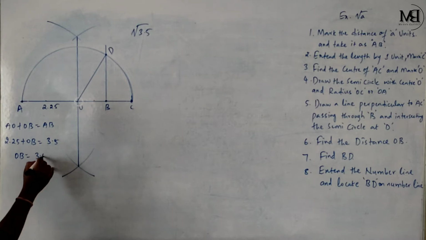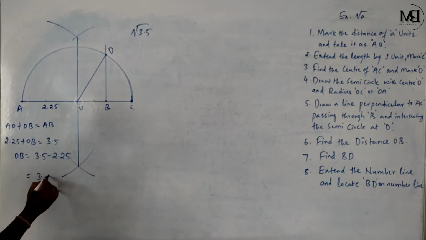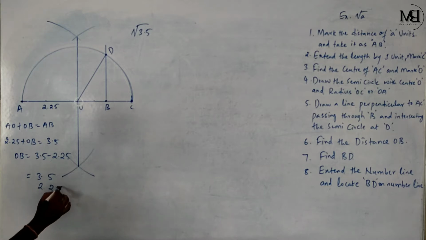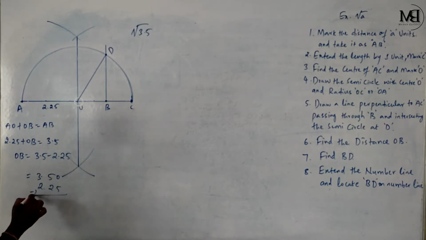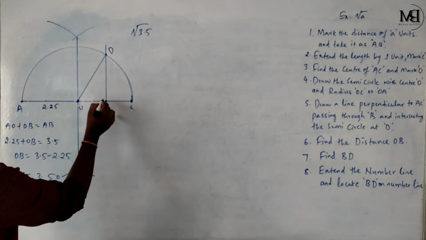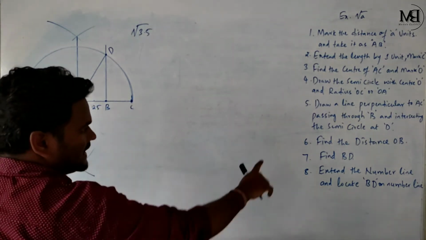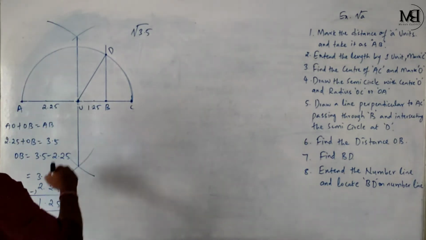OB is equal to 3.5 minus 2.25, which is 1.25. The distance of OB I got is 1.25.